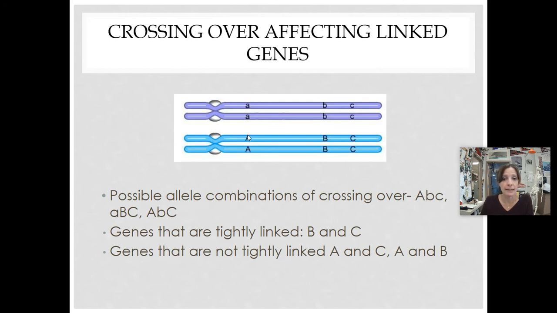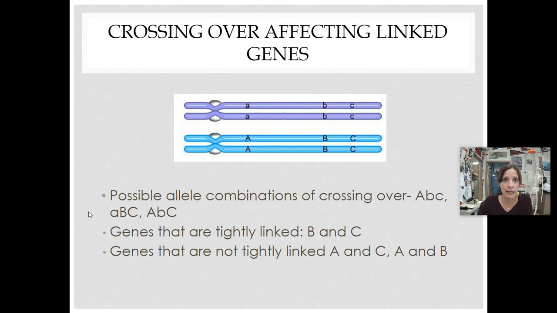Remember in meiosis, you only get 1 chromosome because you get half of the information. So if these 2 crossed over, you could get big A, little b, little c. If it crossed over right here, you could get little a, big B, big C, and if it crossed over twice, you could get big A, little b, big C.